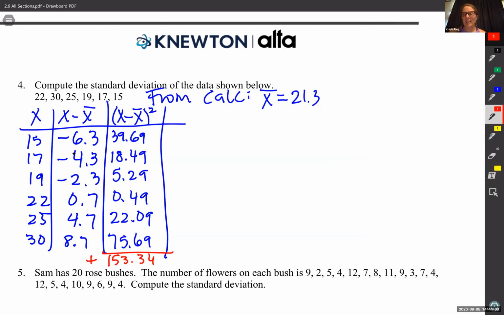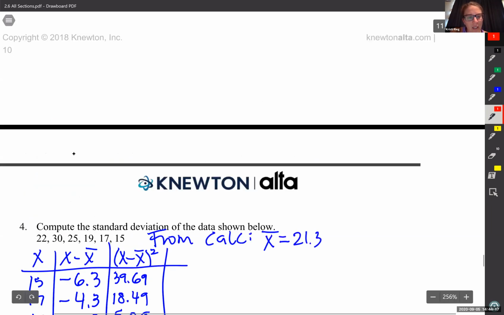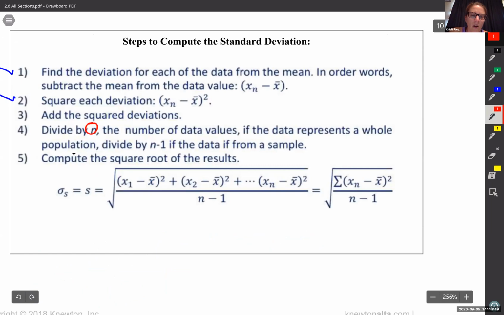And now we need to either divide by n if we're talking about the population, or divide by n minus 1 if we're talking about a sample.